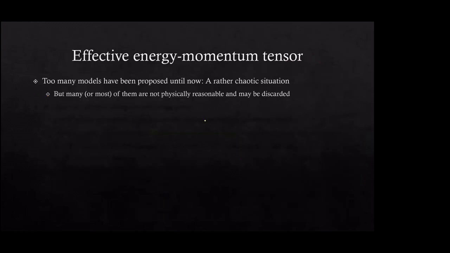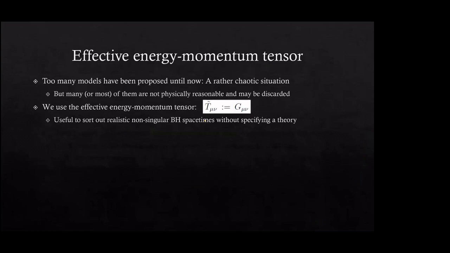And actually, until now, many models have been proposed, and the situation is rather chaotic. And actually, many or most of them are not physically reasonable and may be discarded. And to do this, we use the effective energy-momentum tensor defined by this simply.